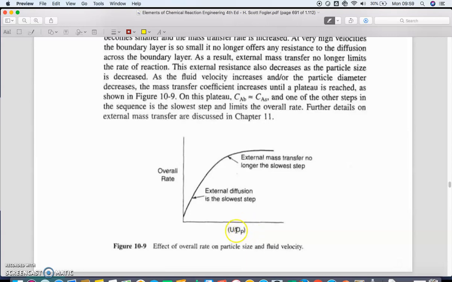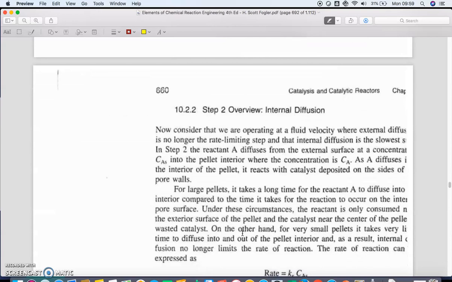However, when you increase the dp, it will decrease your overall rate. It is inversely proportional to the velocity. All right, so that is external diffusion.